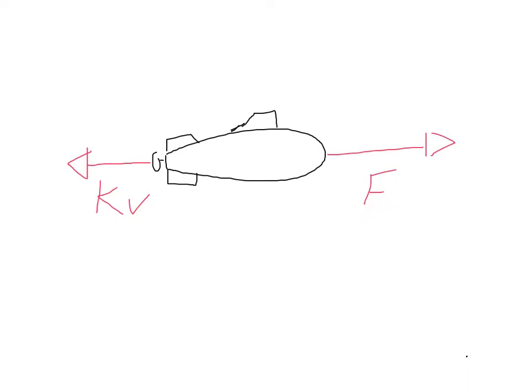So the question this submarine problem asks is, what is the equation for velocity as a function of time, or v of t equals what equation? So here's another reason why this is my favorite physics problem: how do we solve this?